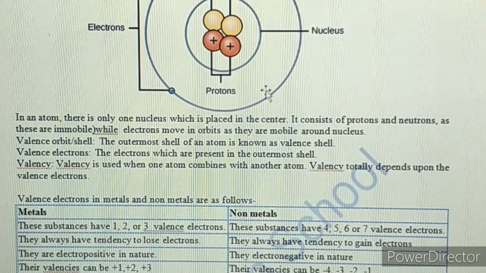Valence electrons are those electrons which are present in the outermost shell, that is called the valence shell. So if the substance has 1, 2 or 3 valence electrons, it is called a metal. And if the substance has 4, 5, 6 or 7 valence electrons in its valence shell, it is called a non-metal. Understood, children? I feel you must have understood that.